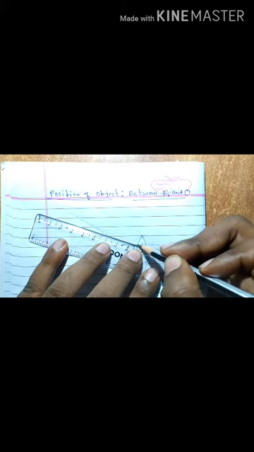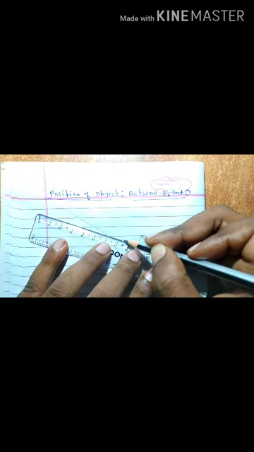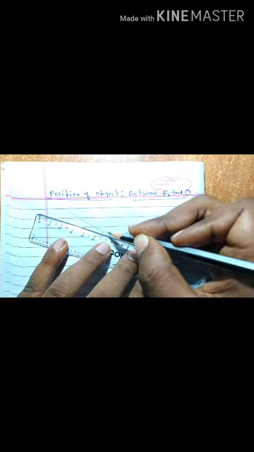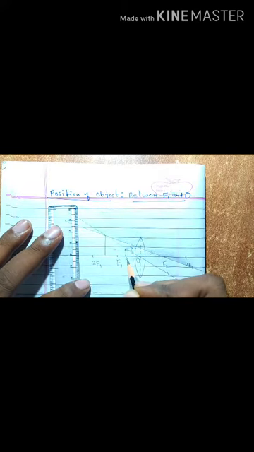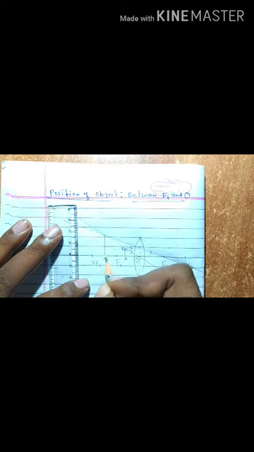Right? So you can see here the image will be formed. If you say this is A, this is B, so here is A1 and B1, you can see the arrow on this side.